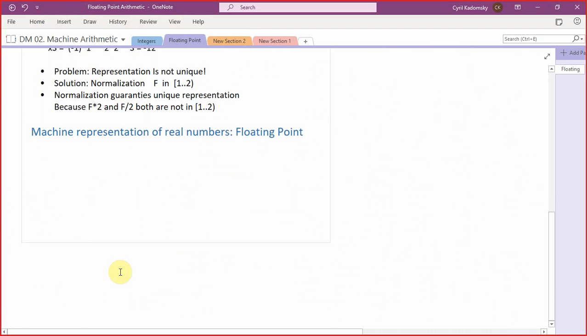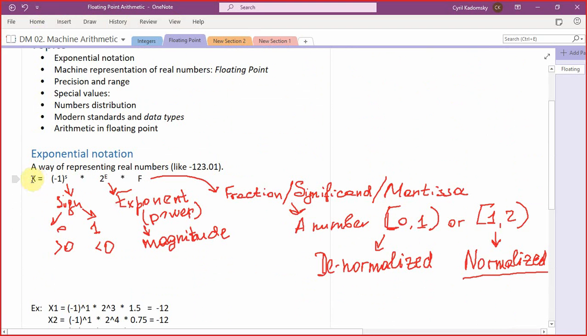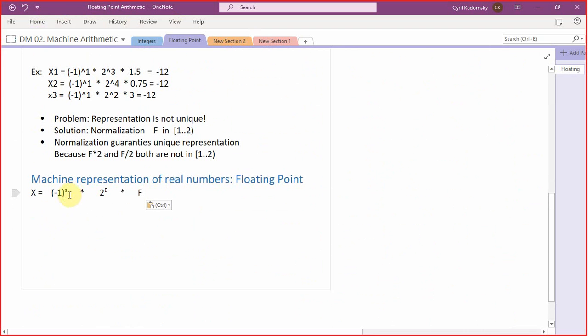Okay, we start from our formula that we had before. We will use it and put it here. In machine representation of real numbers, first the exponential notation is used. It is the base on which this floating point representation is built upon. Okay. Next step.